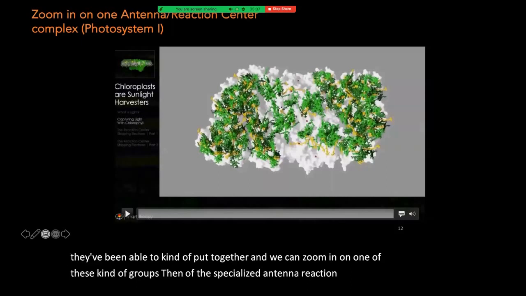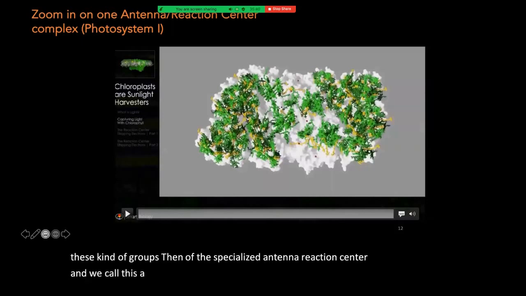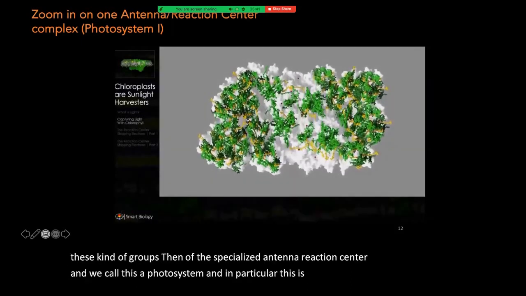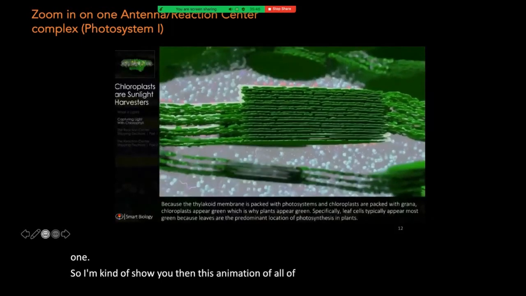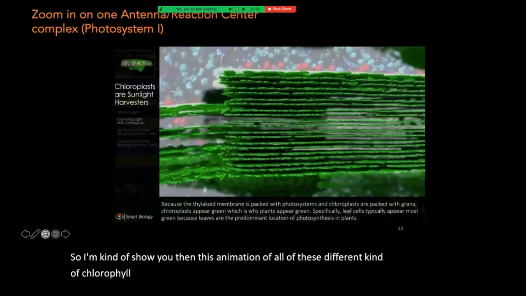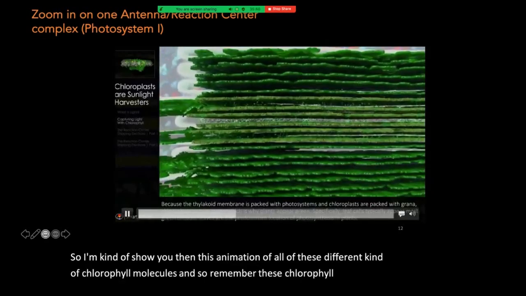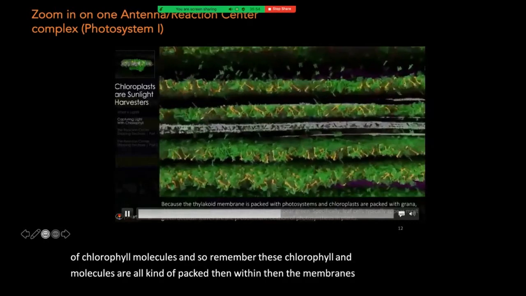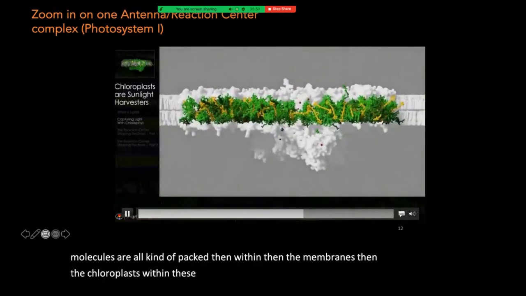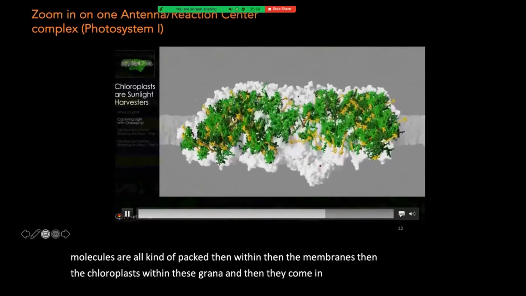We call this a photosystem, and in particular, this is photosystem 1. I can show you this animation of all of these different chlorophyll molecules. Remember, these chlorophyll molecules are all packed within the membranes of the chloroplast, within these grana, and they come in these specialized little units, these photosystem units.